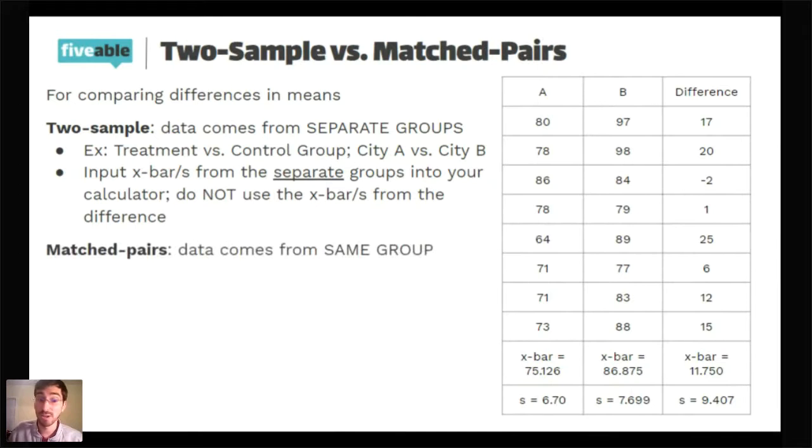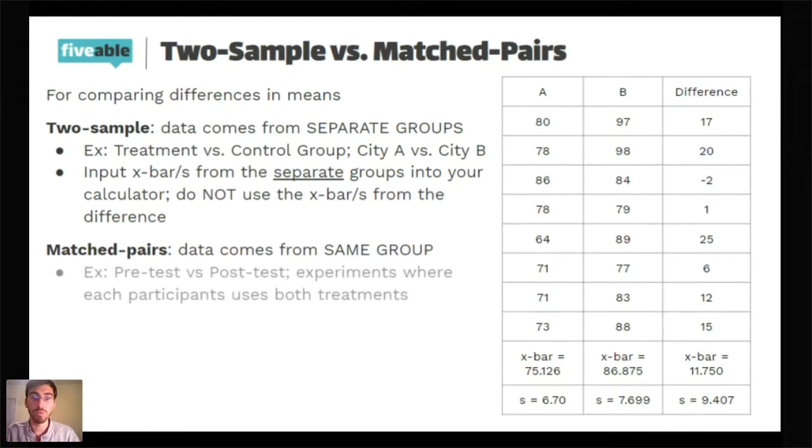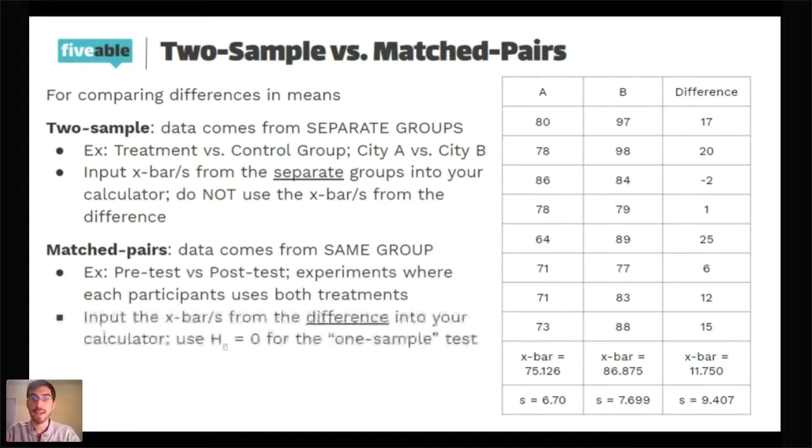And you're not going to run a 2-sample test. You're going to run a 1-sample test on the difference data. But your null and alternative hypotheses will still have mu A and mu B in them. You'll just run the matched pairs test as a single sample test.